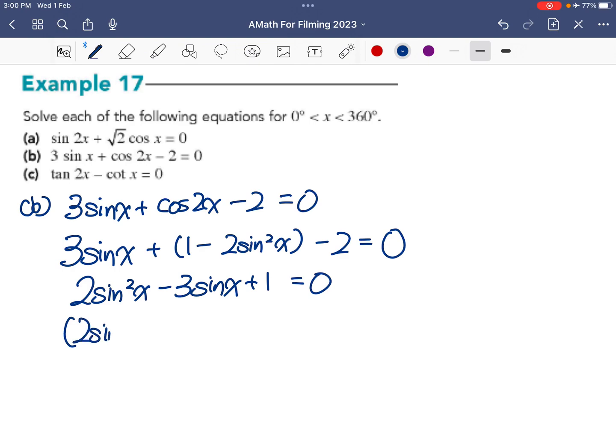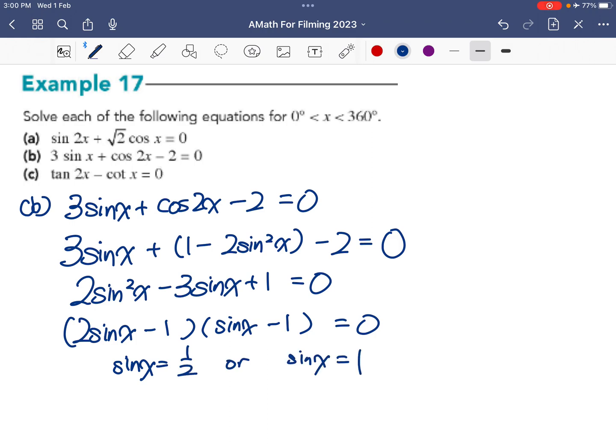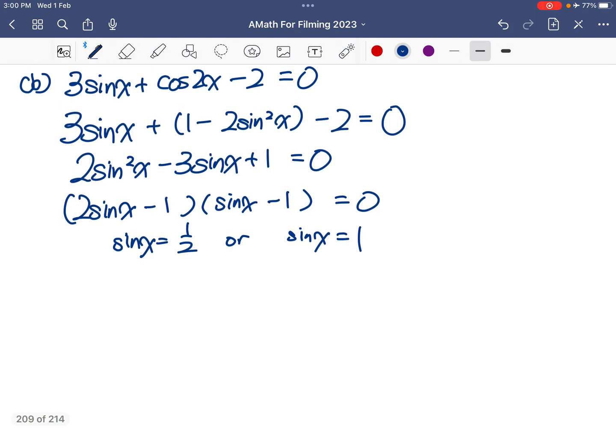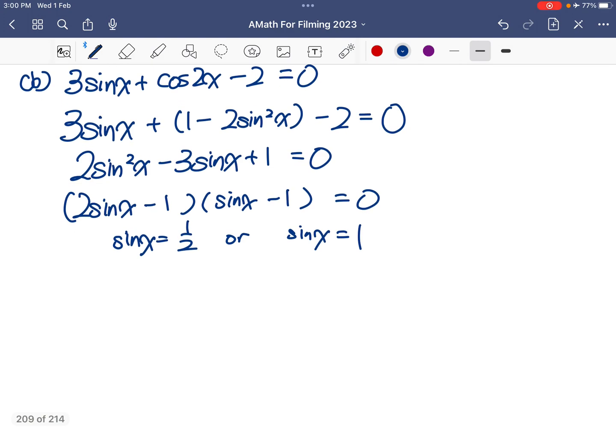This is a quadratic equation. If I factorize this, I get 2 sine x minus 1 and sine x minus 1. So I can solve for sine x equals half, or sine x equals 1.